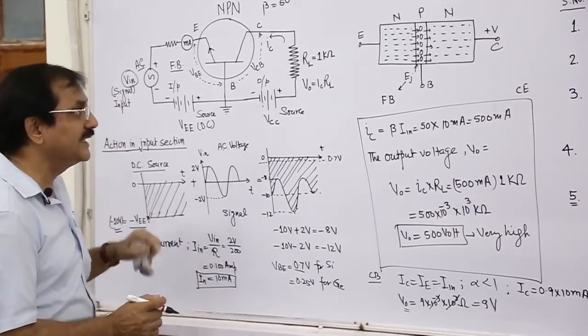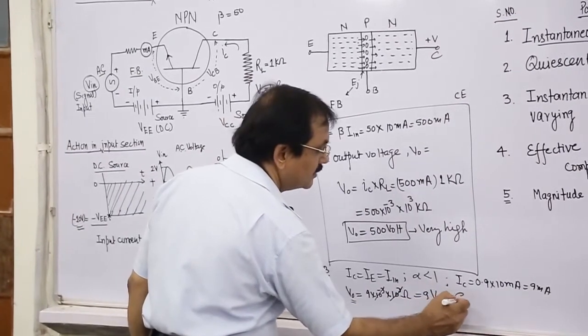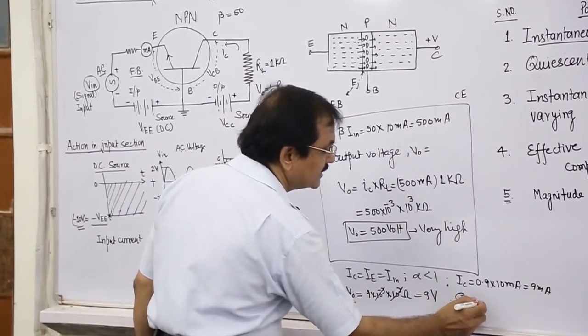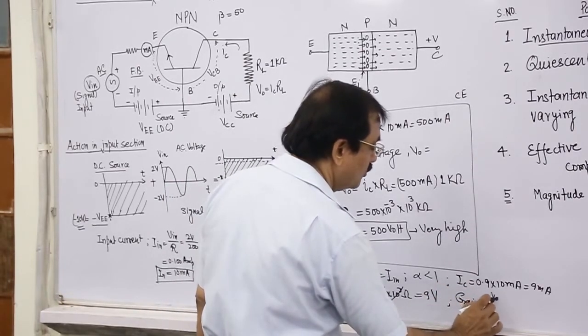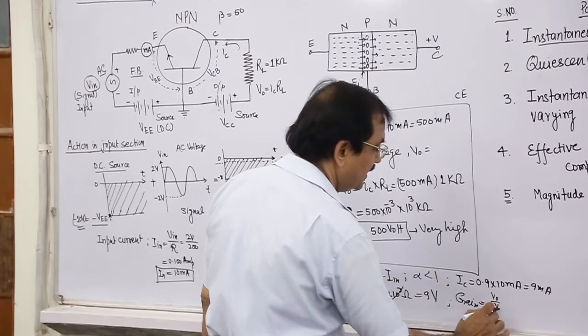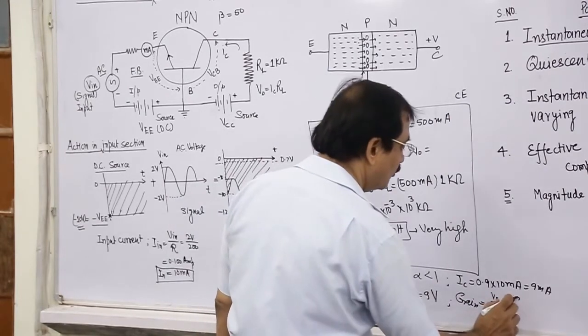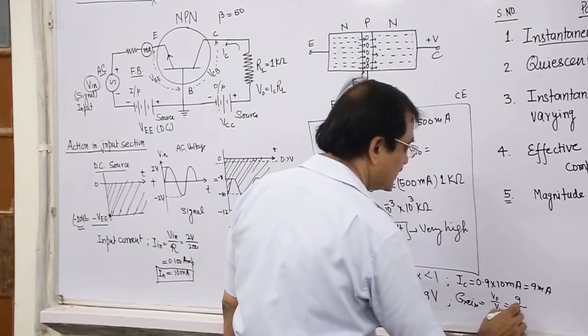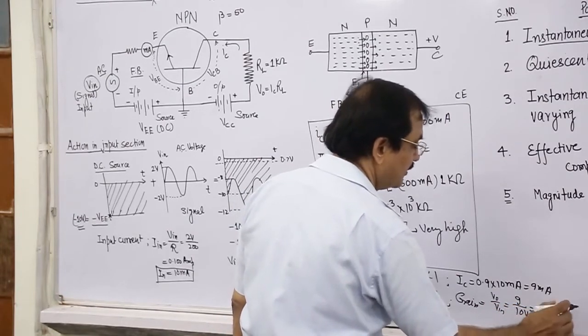So the gain is VO over VI, and this gain is 9 volt upon 10 volt. So this is 0.9, that is less than 1.